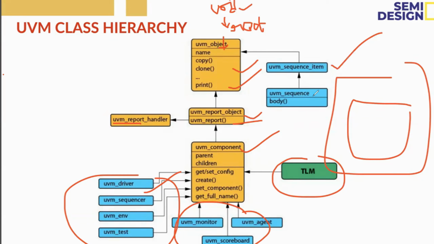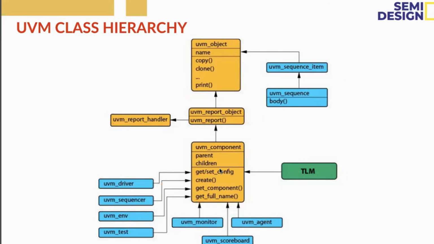UVM transaction is for objects, and for sequence items you have to define your own packets by extending the UVM sequence items, right? UVM sequence items are going to be generated in the sequencers. So this is the class library where we are going to inherit all the components, objects, sequence items, everything.